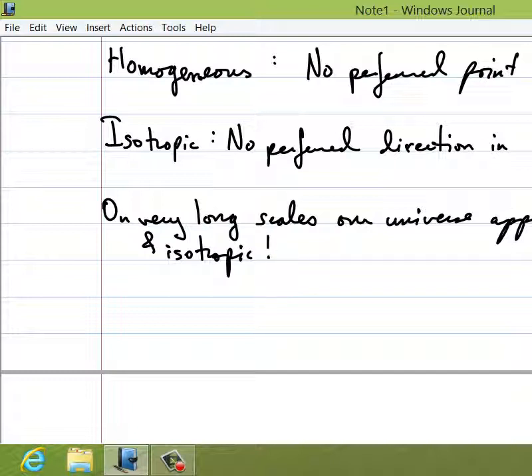Of course, however, our universe is not isotropic and homogeneous in space-time.